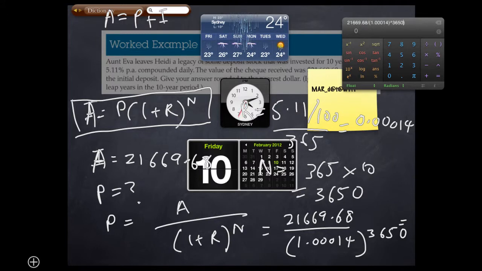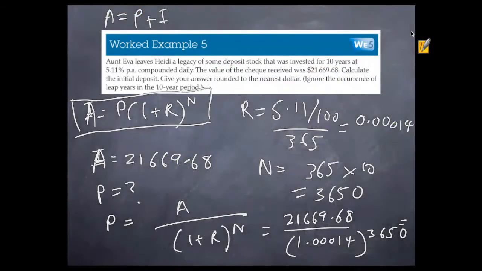I'm just going to introduce another bracket just in case. And we get $13,000. Control 1 is my shortcut key. So the initial principal is $13,000.